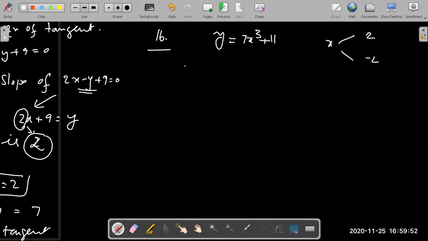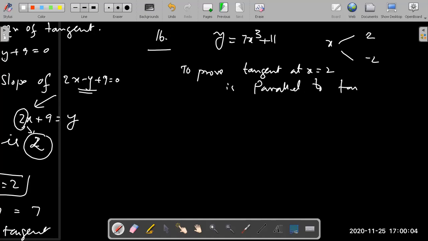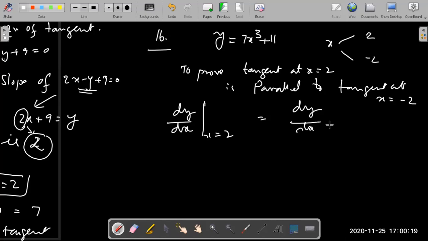So we need to prove the tangent at x equal to 2 is parallel to the tangent at x equal to minus 2. That means we need to prove that the slopes, dy by dx at x equal to 2, must be equal to dy by dx at x equal to minus 2.